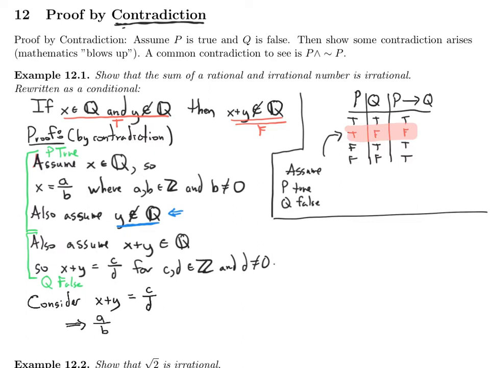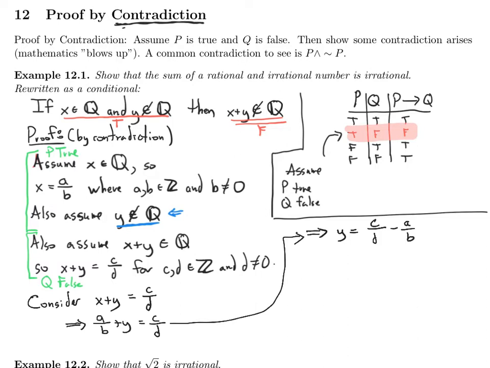So we have a over b plus y equals c over d. But if we solve for y, if we subtract a over b from both sides, we get that y is c over d minus a over b. Just subtracting a over b from both sides.